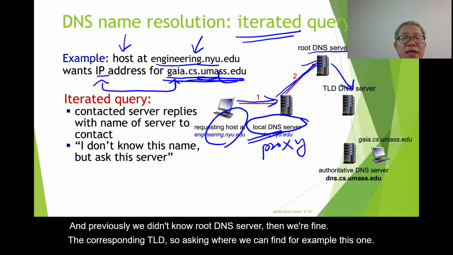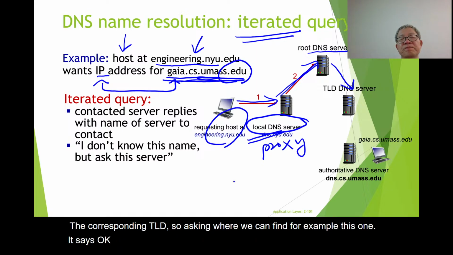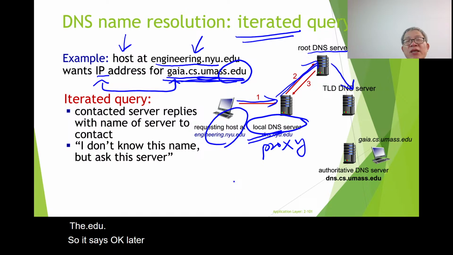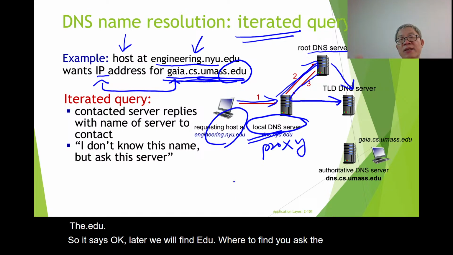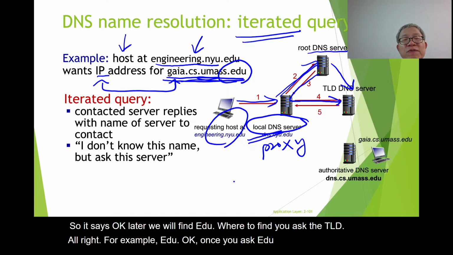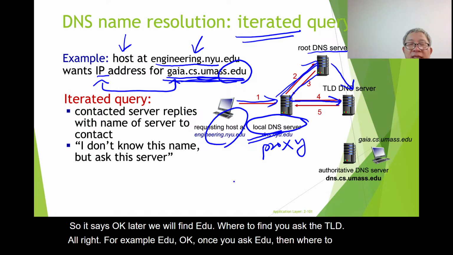Asking where we can find this one, it says, oh okay, the TLD should be .edu. So later we will find .edu. Where to find it? You ask the TLD, for example .edu. Once you ask .edu, then where to find UMass.edu?